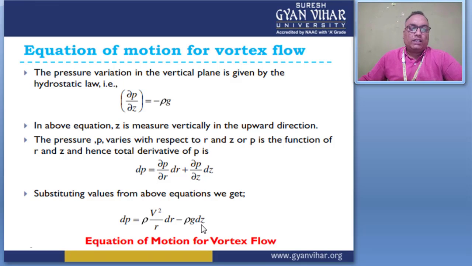The value of del P by del R, by the previous relation, is rho v square by R, and del P by del Z is minus rho g. Then this equation gives the equation of motion of variation of the pressure of a rotating fluid at any plane.